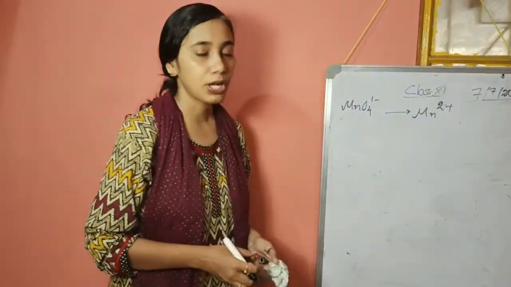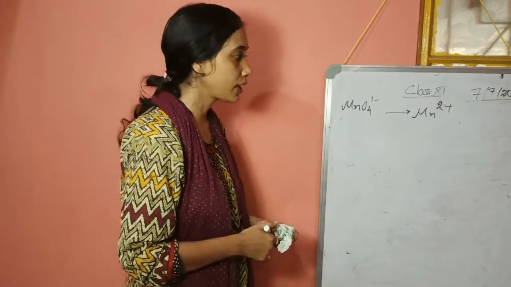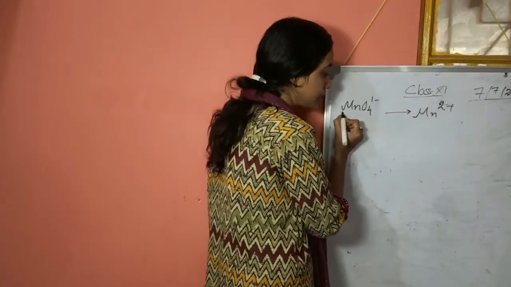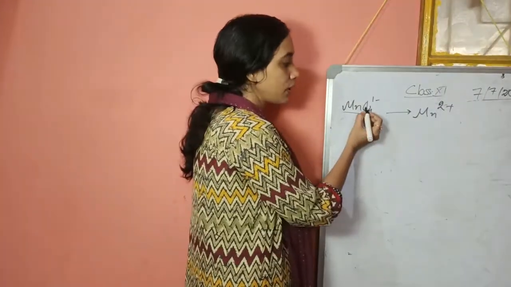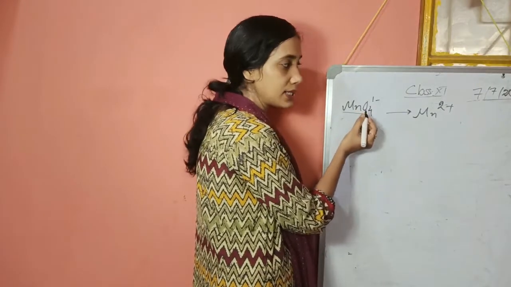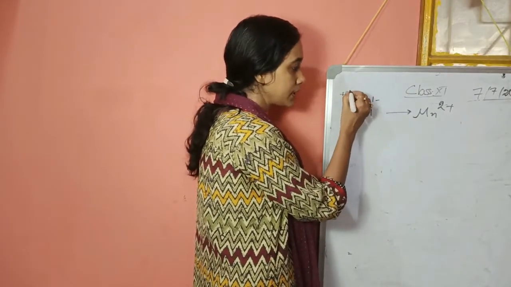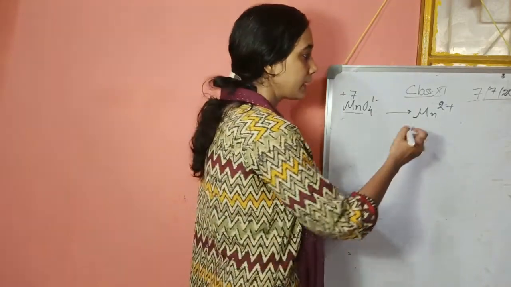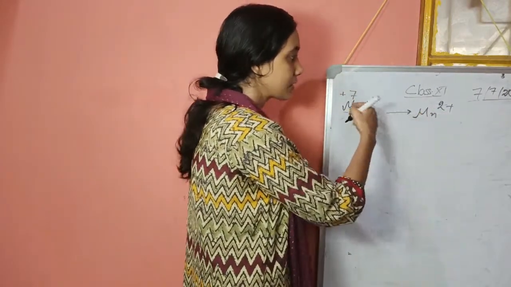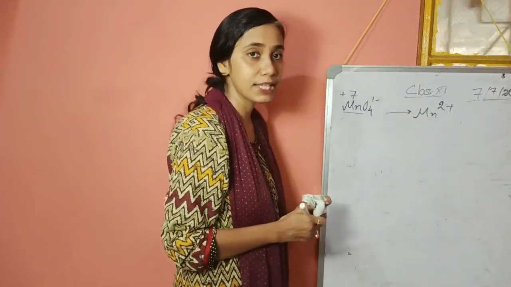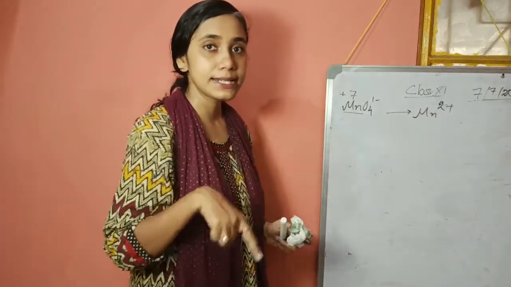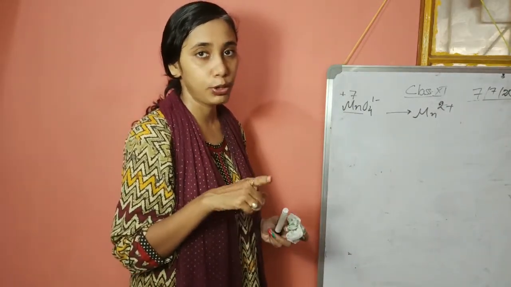How to understand whether it's an oxidation or a reduction? You calculate the oxidation state of manganese here. Each oxygen is -2, so 4 times that is -8. We have -1 as a whole, so manganese is +7. And here it is +2. So the oxidation state is decreasing, +7 to +2. As the oxidation state is decreasing, it is an example of a reduction.